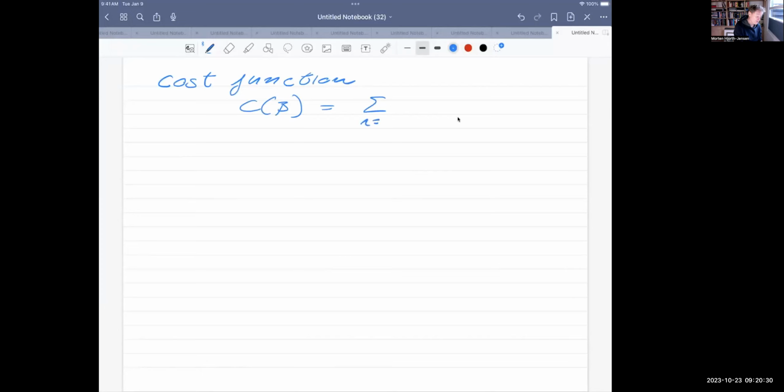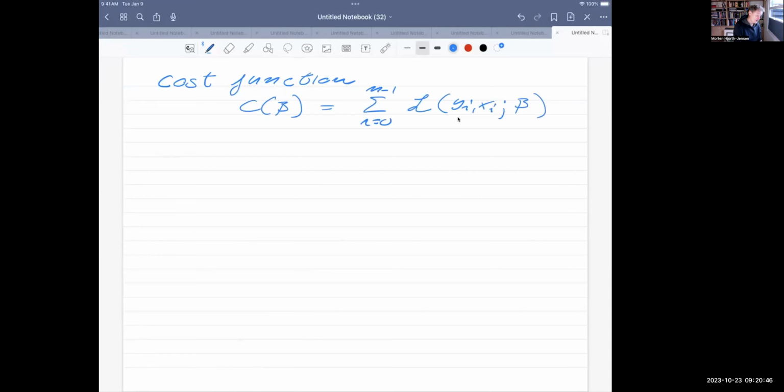So we are running from 0 to n-1. These are the data we have. And there is a function L, and this function may depend on y_i, x_i, and these parameters beta.